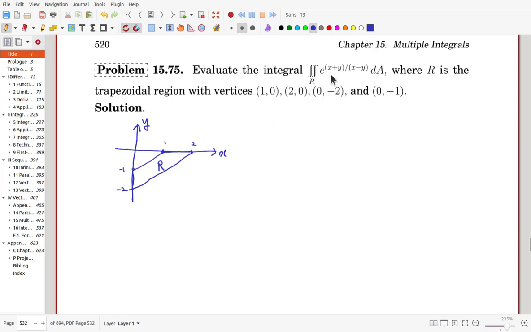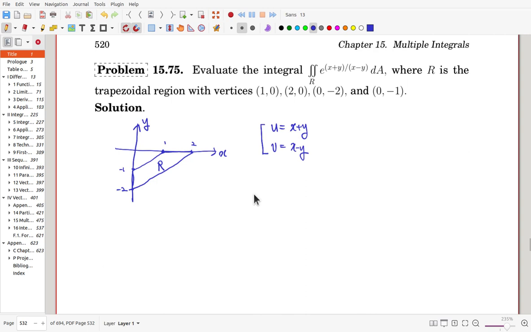But a hint is given through the integrand. It has blocks x plus y and x minus y. So we may try to get a transformation by using these two blocks. Let's begin with u equal to x plus y and v equal to x minus y.